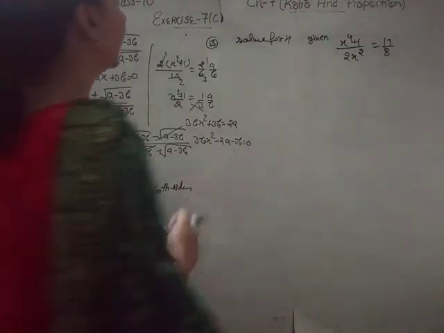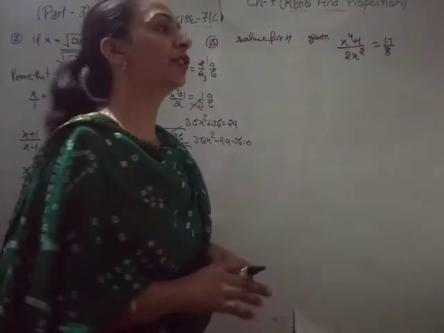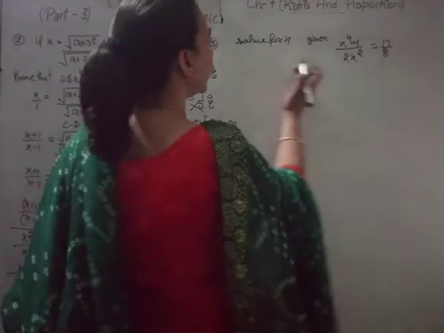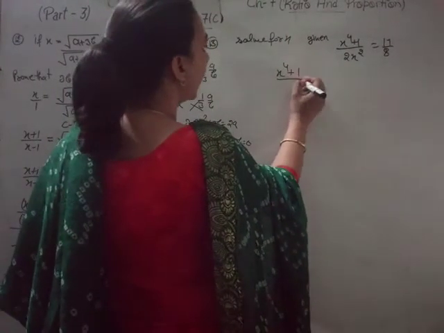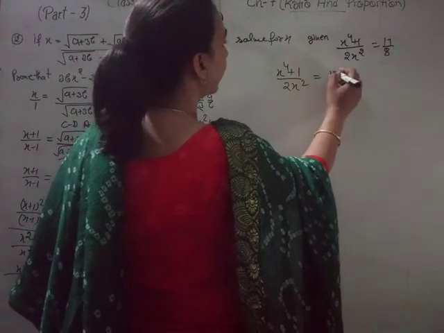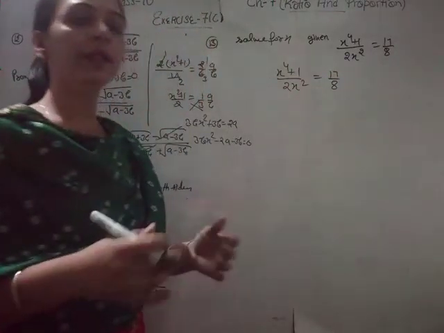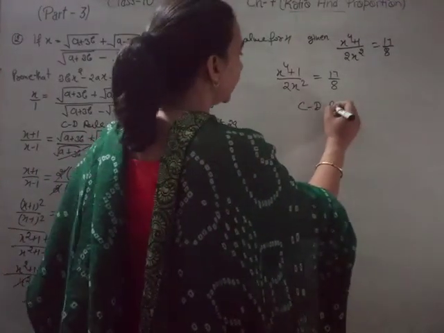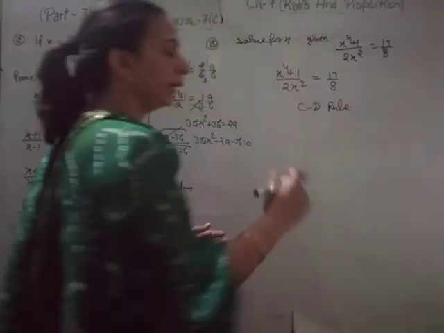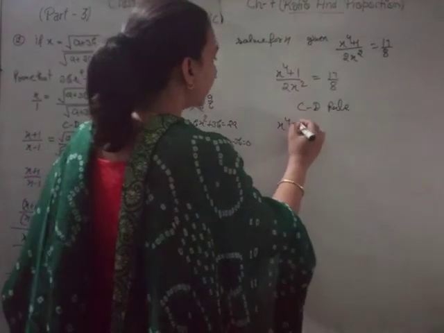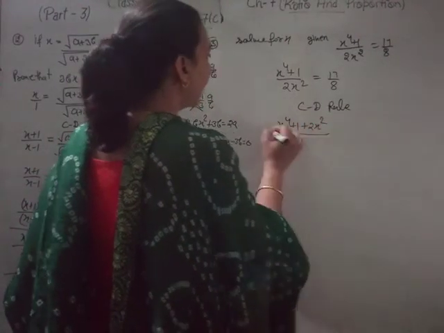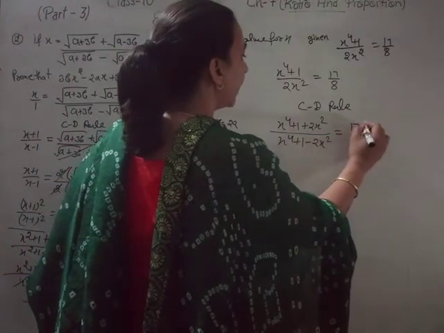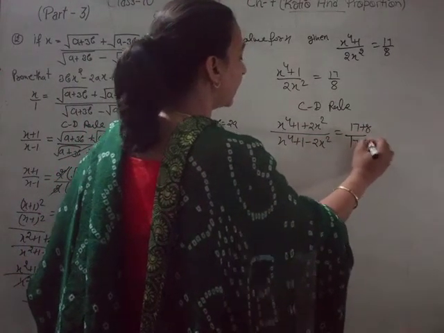Okay, next is question number 13. Solve for x, that means find the value of x, and given (x⁴+1)/(2x²) equals 17/8. For this, first we apply the CD rule. CD rule means componendo and dividendo. Then (x⁴+1+2x²)/(x⁴+1−2x²) equals (17+8)/(17−8).